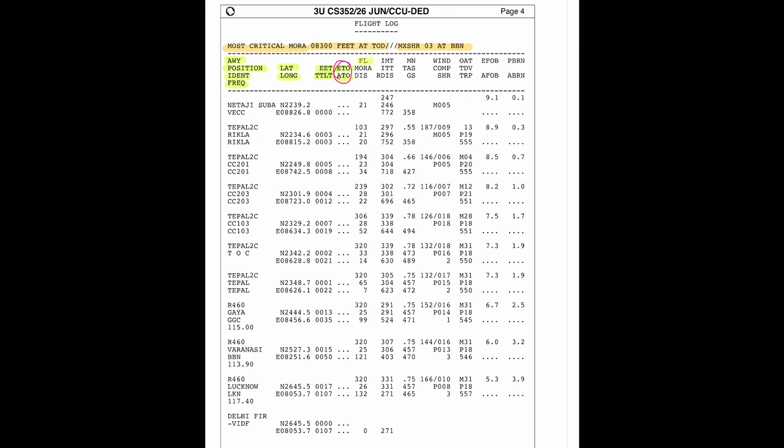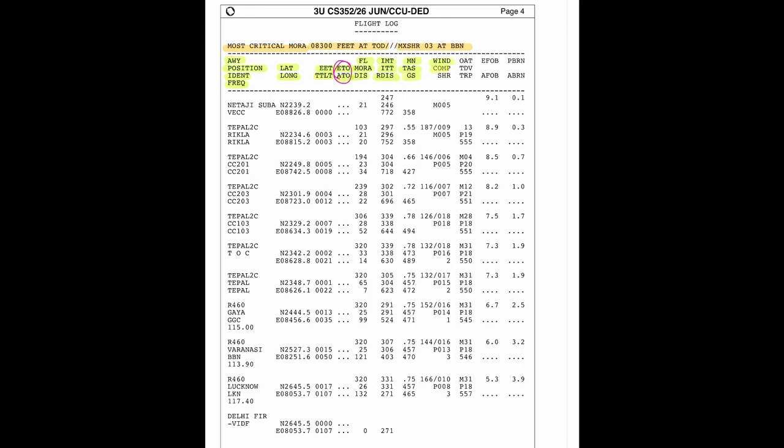So flight level again, MORA, and distance. Distance is from one waypoint to another waypoint. I'll be discussing this in a moment with the examples I have there. IMT is the initial magnetic track, ITT is the initial true track, and RDIS means remaining distance in nautical miles. MN means Mach number, TAS means true airspeed, GS means ground speed.